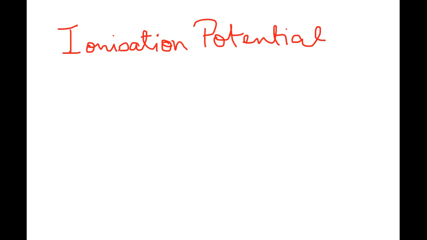In the case of ionization potential, the mathematical representation can be shown as, suppose this is any metal M, then it has to lose an electron, so it absorbs energy equal to its ionization potential and converts into M plus. And of course, an electron will be given out.